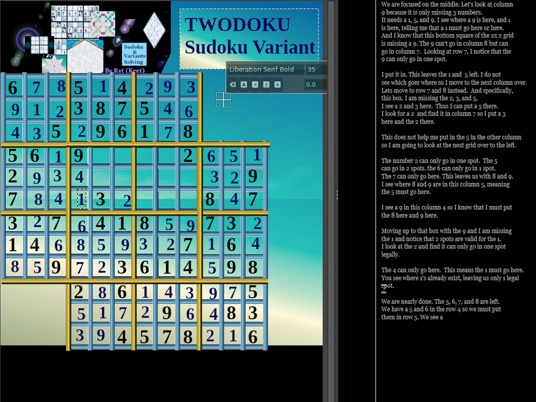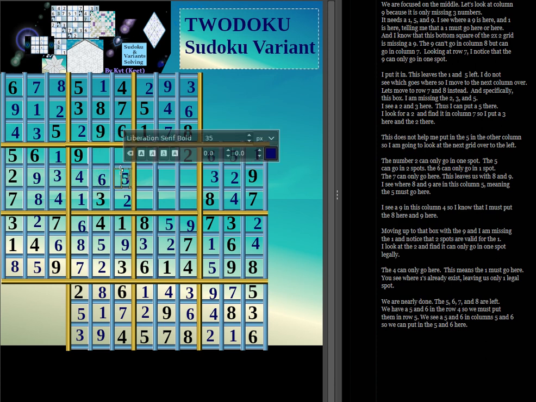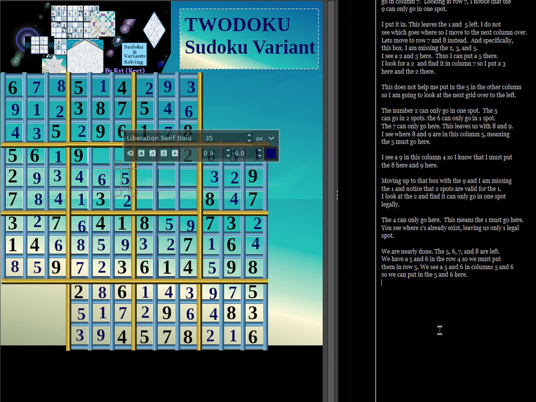We see a 5 and 6 in columns 5 and 6, so we can put in the 5 and 6 here. The 7 and 8. Column 6 has a 7, so I put an 8 here, and the 7 here.